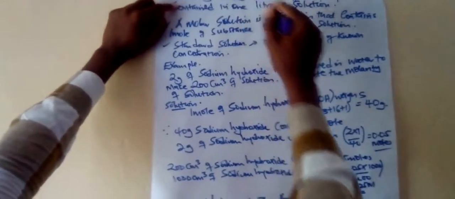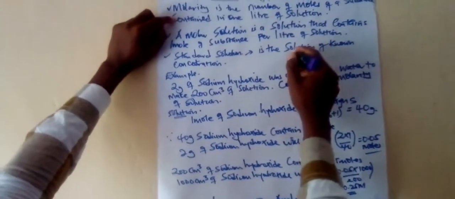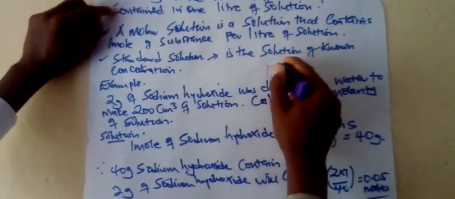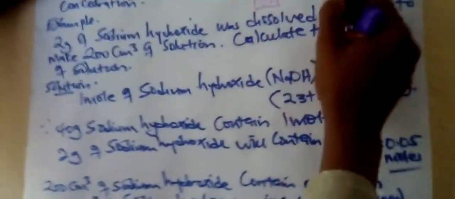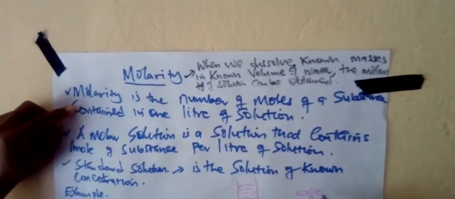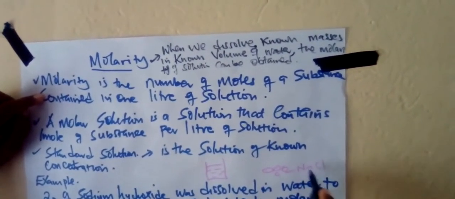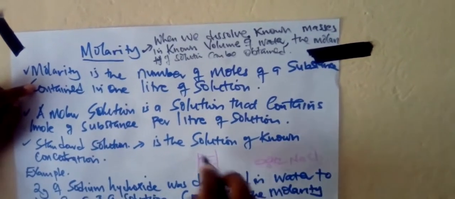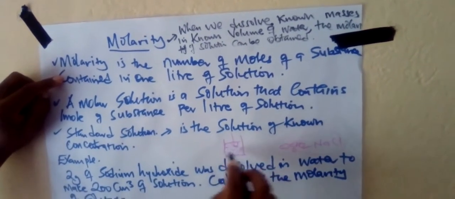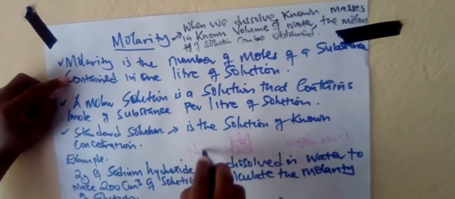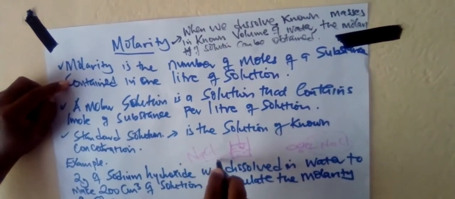Here we have water in a container, then you have particles of maybe sodium chloride. When these are dissolved in water, you form sodium chloride solution.